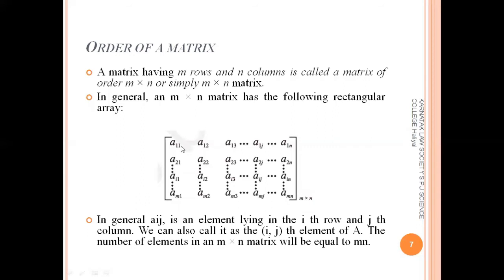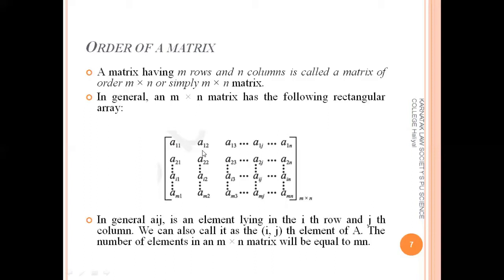This is the general form of a matrix, that is the aij matrix. The first element, that is a11, is the element lying in the first row and first column. That's why it is written as a11.